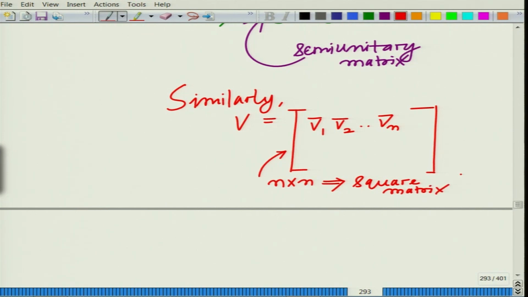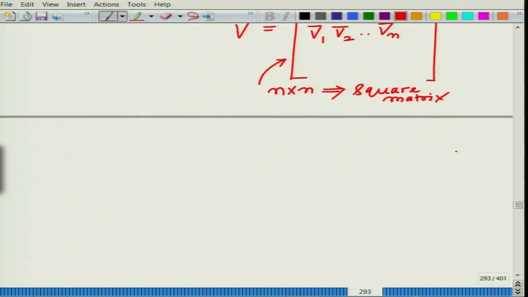And V also contains, again, what are known as the right singular vectors. Naturally, these are known as the right singular vectors because these are in the matrix V, which is on the right.